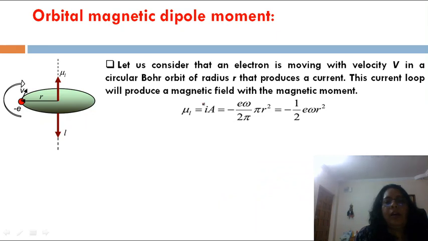I is the current of this current loop, which is constituted by the electron, and A is the cross section area.